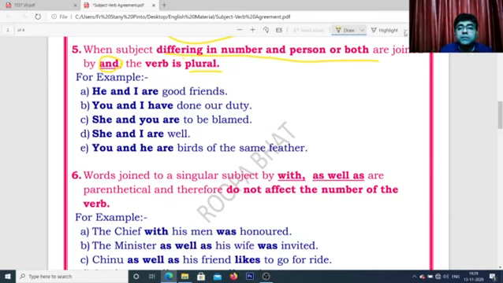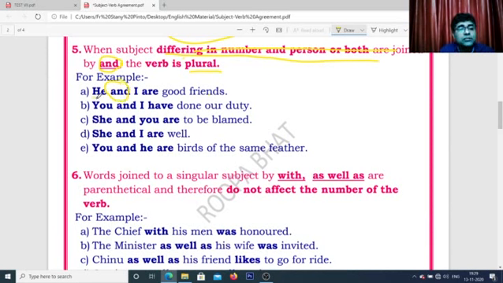I'm sure this particular rule makes you get confused. Now look at the example here. He and I are good friends. When subjects differing in number and person are connected by and, then the plural verb. He and I are good friends.